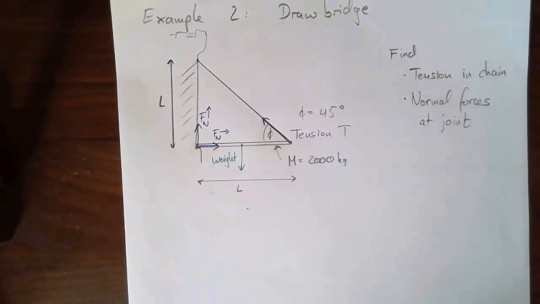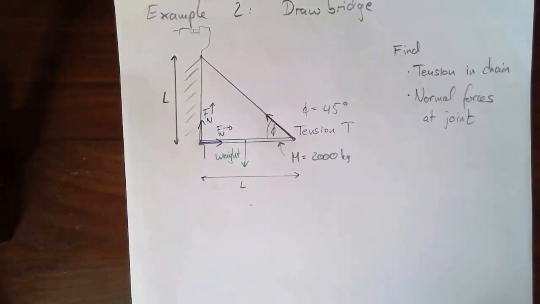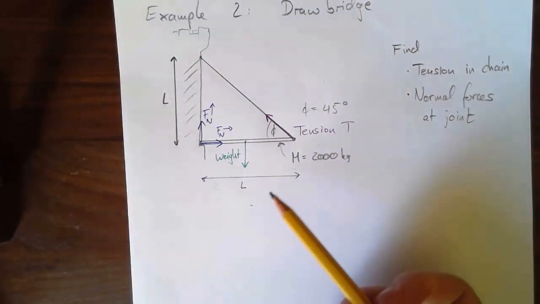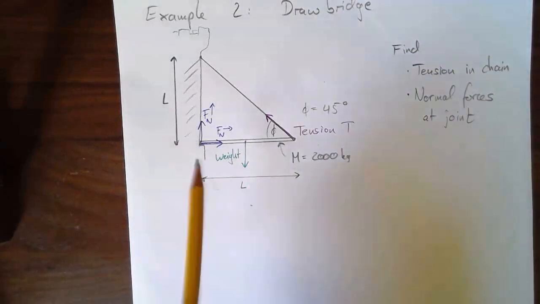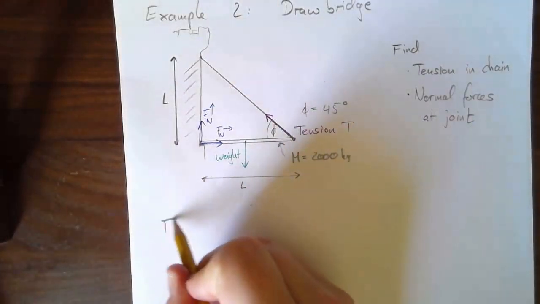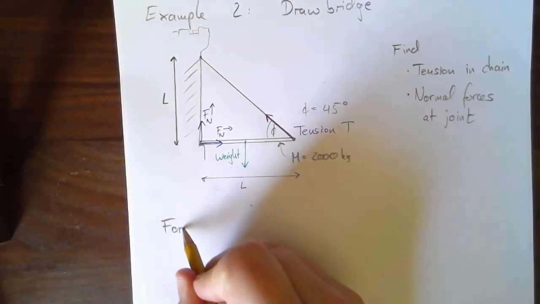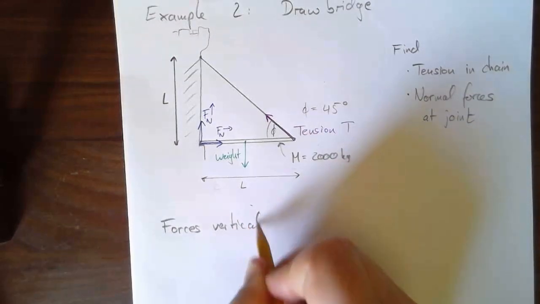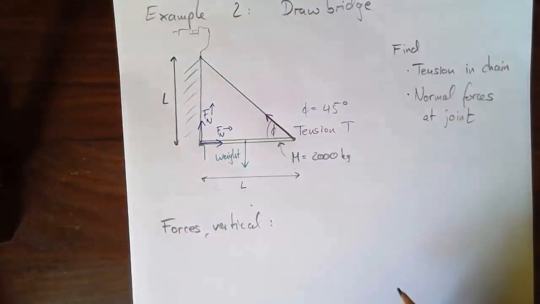So let's start with the forces, which tends to be the easier one. Analyzing the forces actually gives me two equations, because the forces are 0 both horizontally and vertically. Let's maybe start with the vertical. So forces, vertical. What do those tell me?